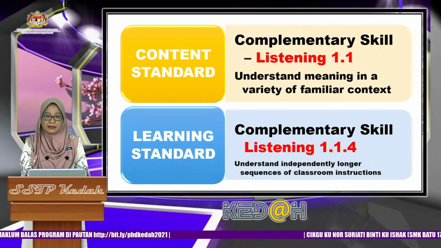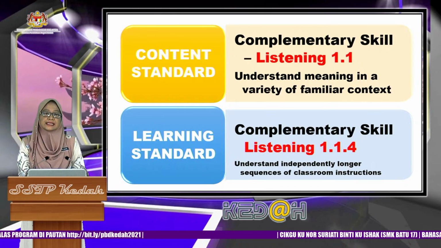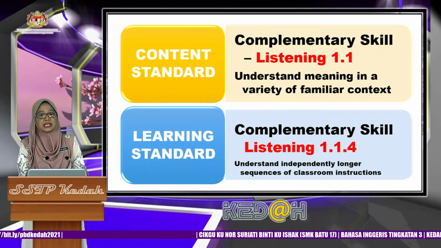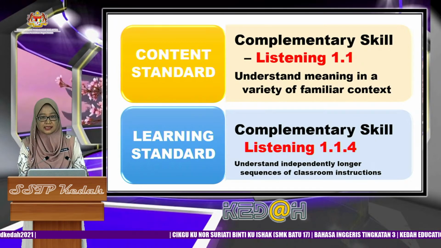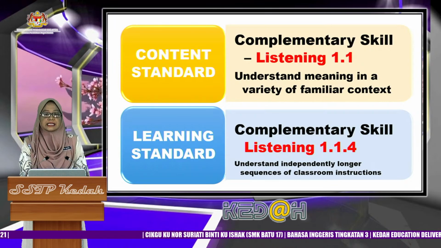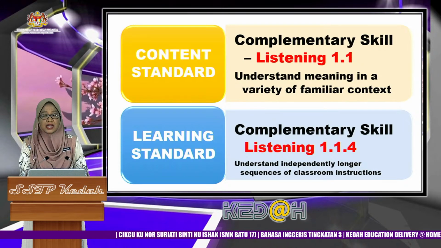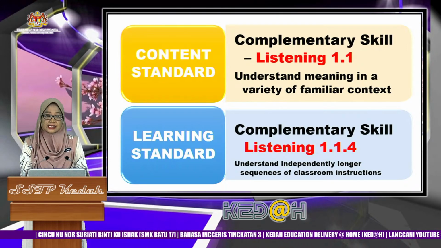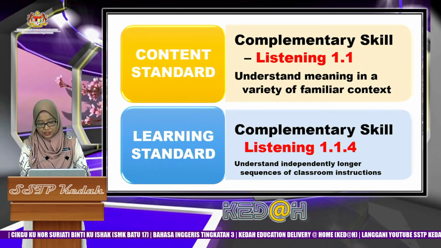For the complementary skill, the content standard is Listening 1.1, Understand meaning in a variety of familiar contexts. And the learning standard is Listening 1.1.4, Understand independently longer sequences of classroom instructions.